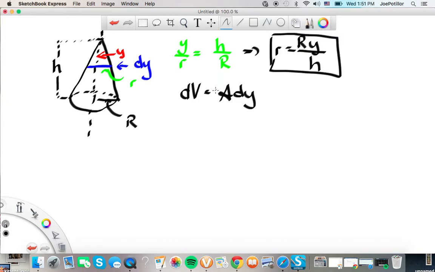In this case, the area of the strip is pi little r squared, and we defined little r to be big R y over h.